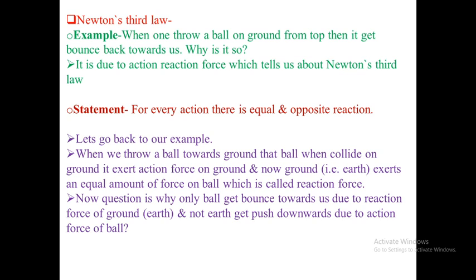Earth will remain as it is. Due to the ball there is no change in earth's position, or because of the force, that is action force exerted by the ball on the earth, the earth didn't get pushed in the downward direction. Why is this so?